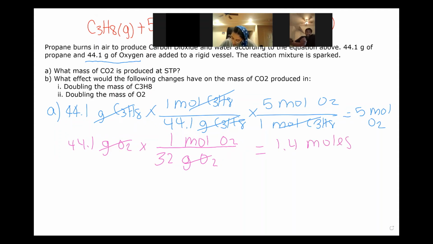So I needed 5 moles to run this reaction, and I only have 1.4 moles. That immediately tells me that O2 is my limiting reactant. Are you okay with me erasing this? Yeah. The limiting reactant is O2, so I'll just put that over there.